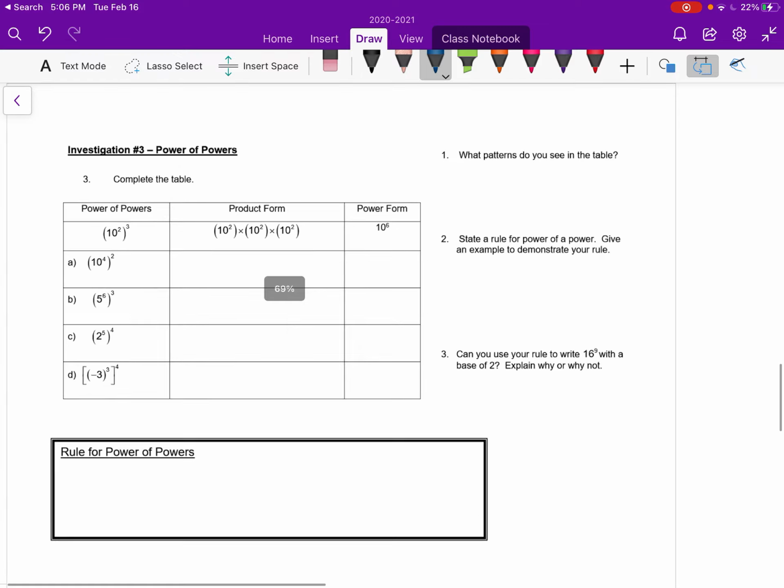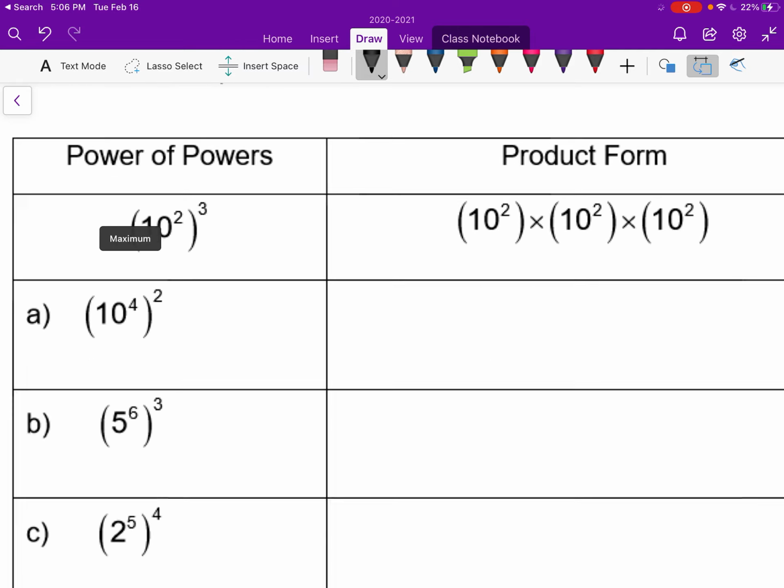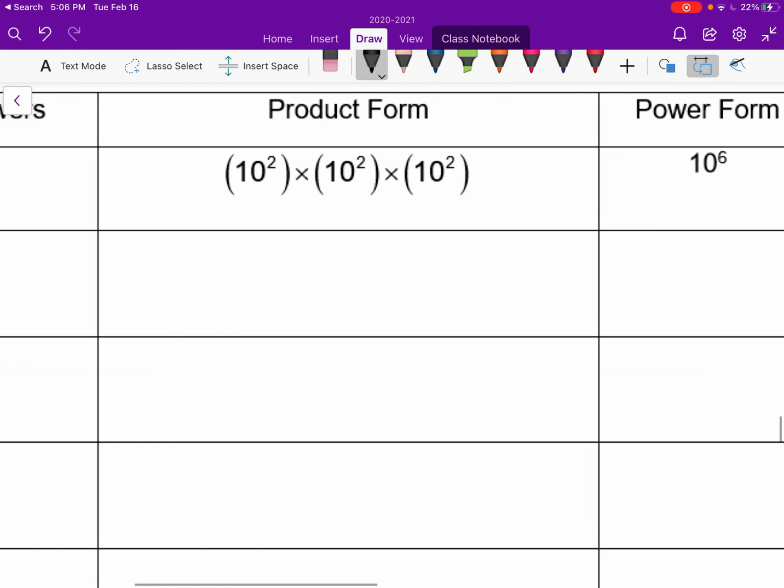Alrighty then. So let's go on to investigation 3, which is power of a power. So say I have something like 10 to the power of 2, and then I put a bracket around that and I say everything to the power of 3. What I'm basically saying is I'm going to multiply 10 to the power of 2 times 10 to the power of 2 times 10 to the power of 2, which if I break it down even further is going to be 10 times 10 times 10 times 10 times 10 times 10, right?